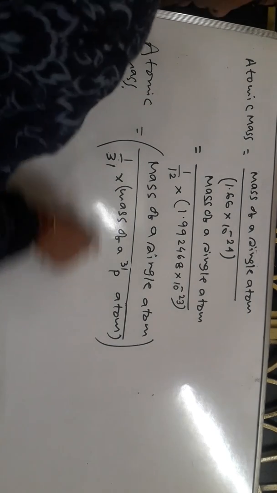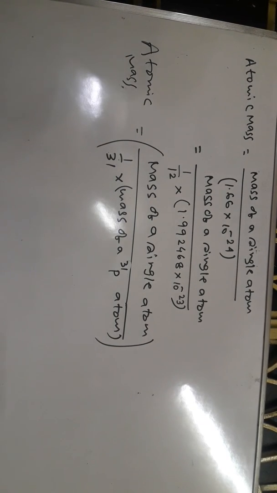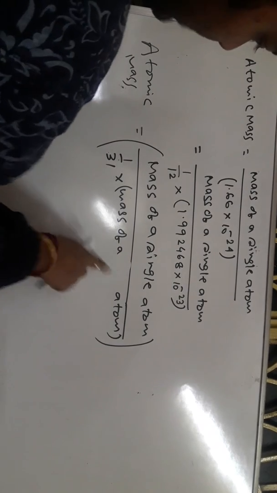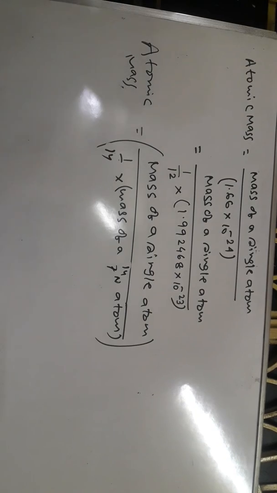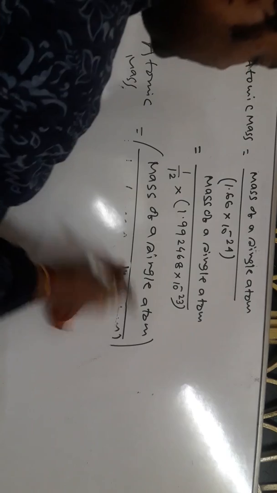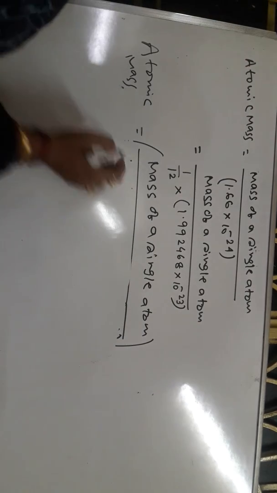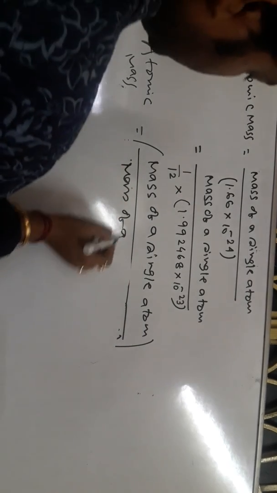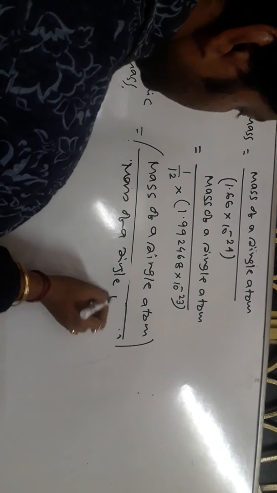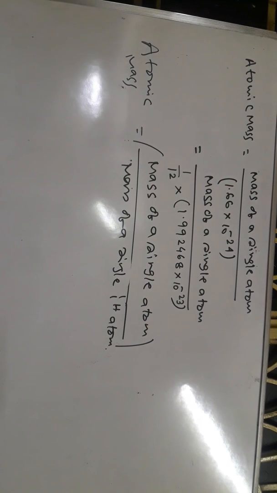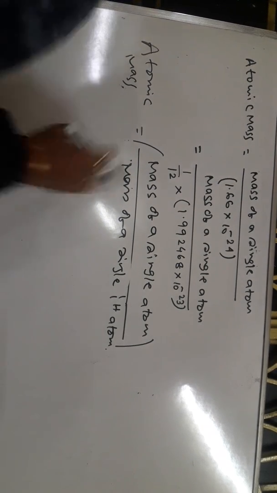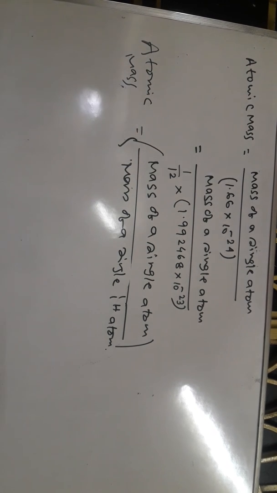Ultimately you have to bring 1 AMU. You want nitrogen, so 7 and 14, you bring 14 here. And if you don't want to do anything, just put the mass of a single 1H1 atom, because that is also equal to 1 AMU. Forget about 1.008, take it as 1 AMU.